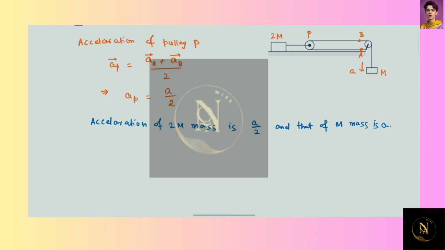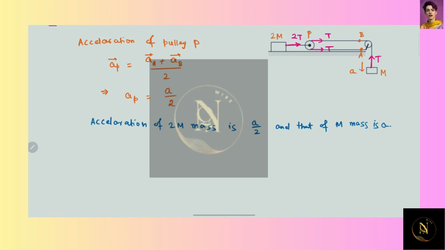If let's say the tension force on this string is T, then on the pulley P, the tension force will be T and T forward. So on the second string over here, the tension force will be 2T. So on this 2m block, the tension force will be 2T forward.